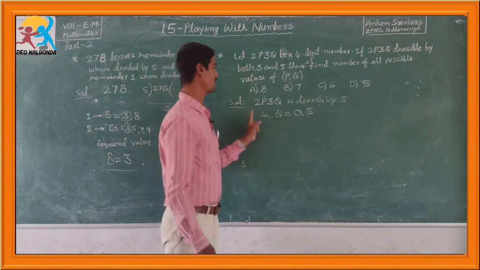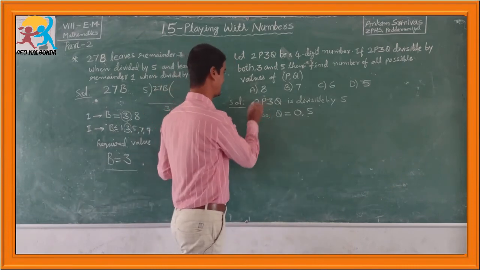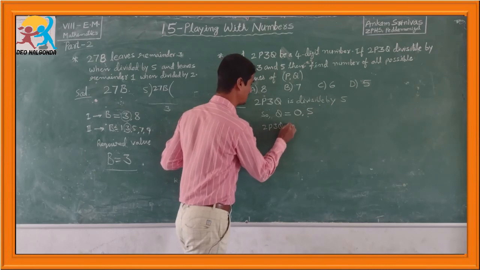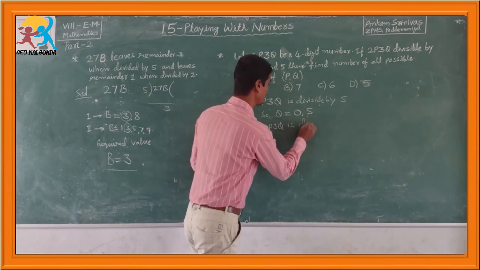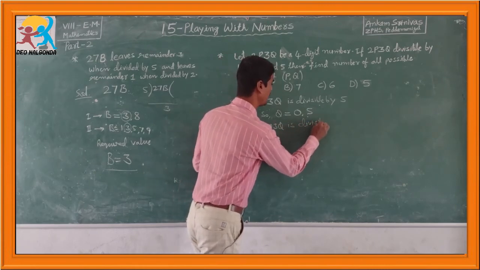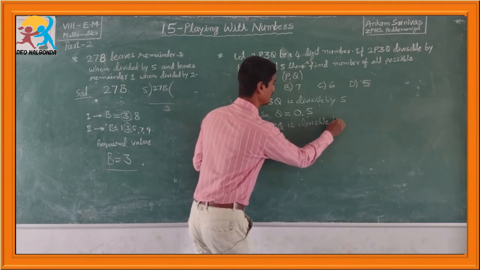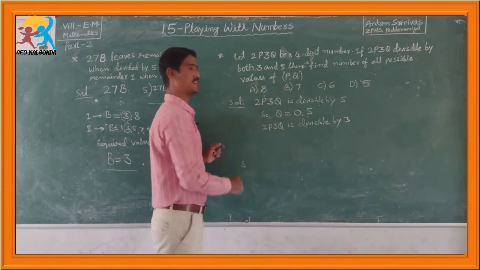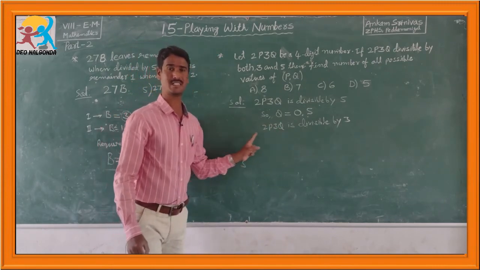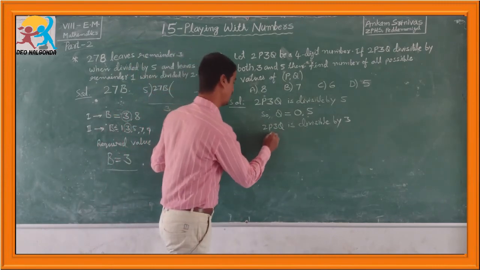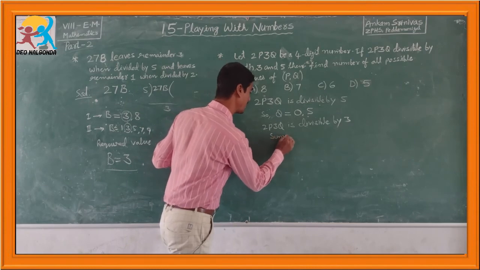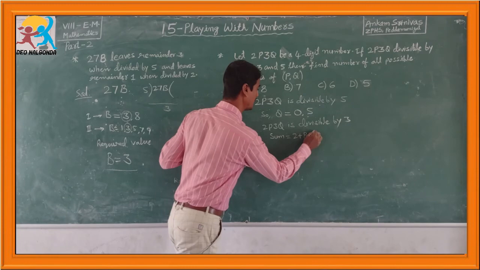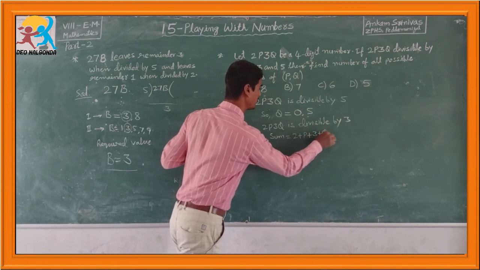And come to the next condition. What is the next condition? 2p3q is divisible by 3. So the sum of digits should be divisible by 3. Sum of digits equals 2 plus p plus 3 plus q.